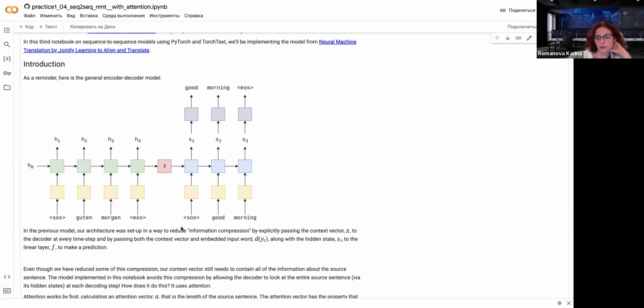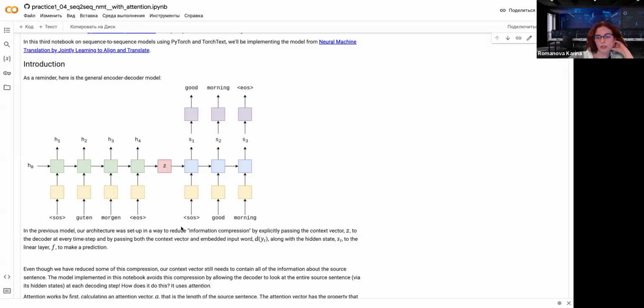Okay, we have a problem, I think, with sequence-to-sequence. The major issue with this basic architecture is that the entire input sequence needs to be summarized into a single fixed-size context vector, which can lead to a loss of information, especially for long sequences.